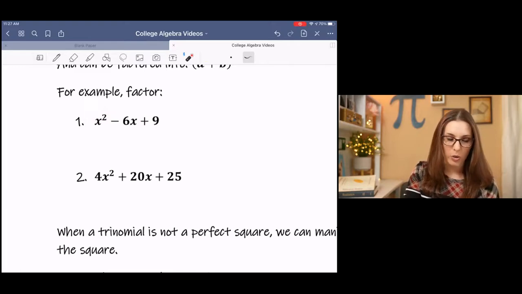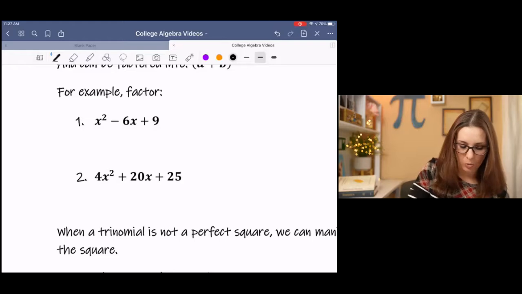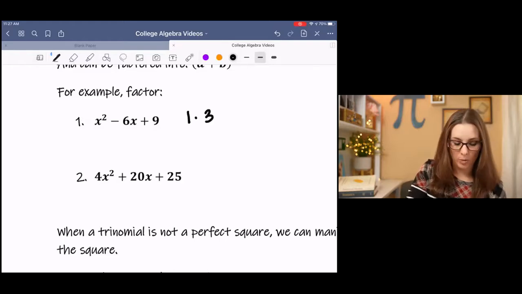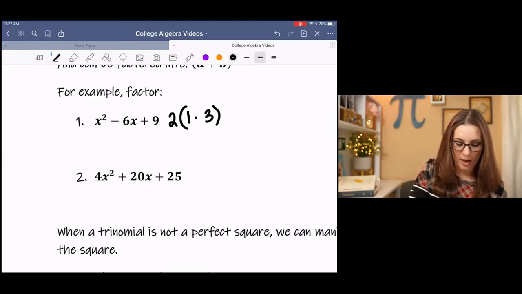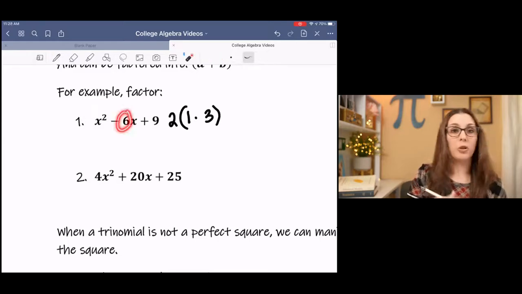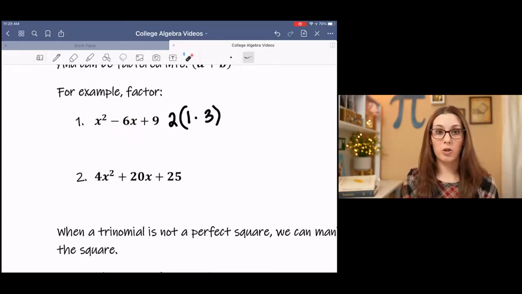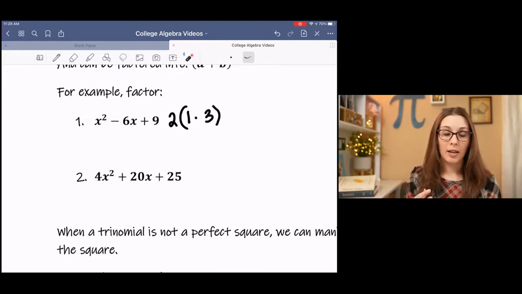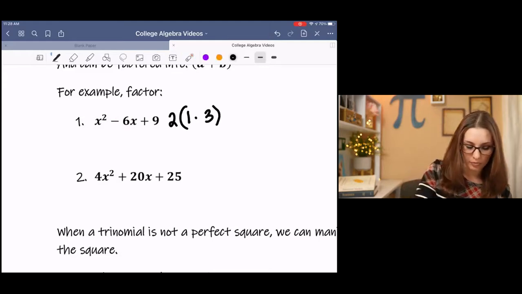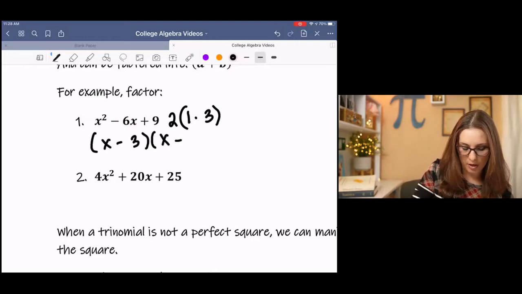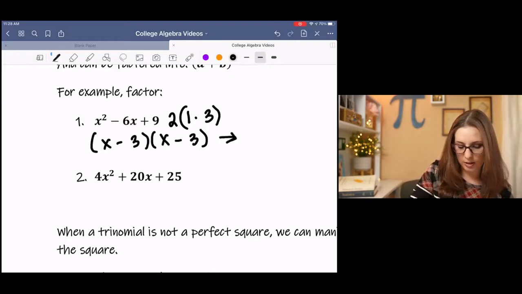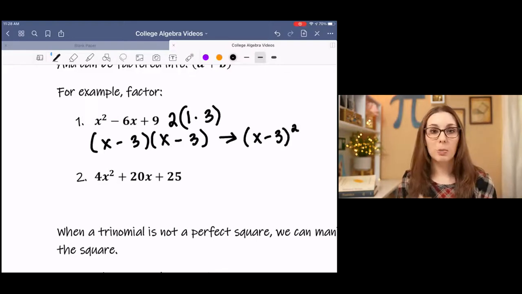And if we take the square root of x squared and 9, that'd be x and 3, and we double it, that makes 6x our middle term. So this follows the perfect square trinomial pattern. And then to factor it, it factors into x minus 3 times x minus 3, which translates into x minus 3 squared.